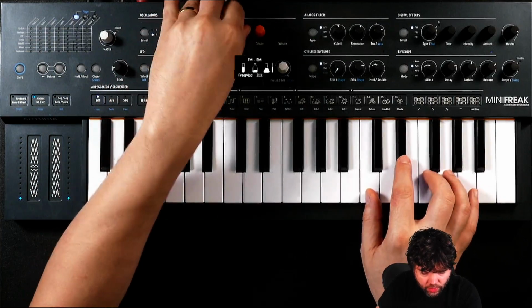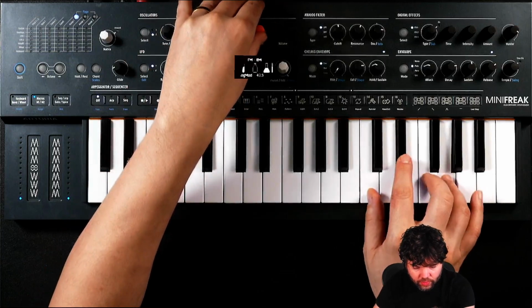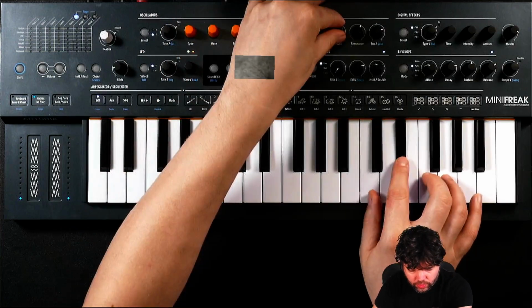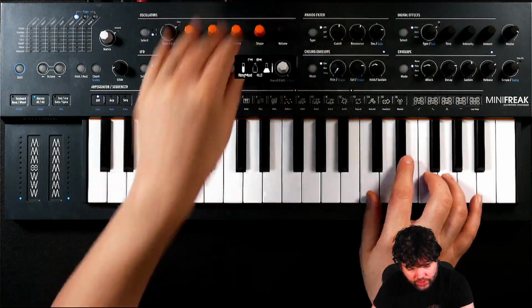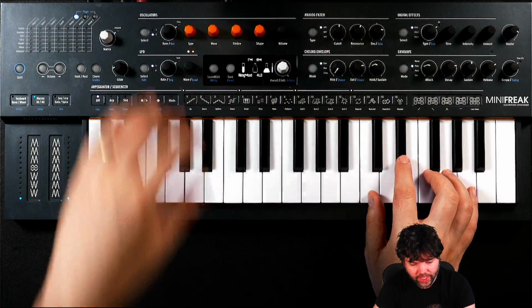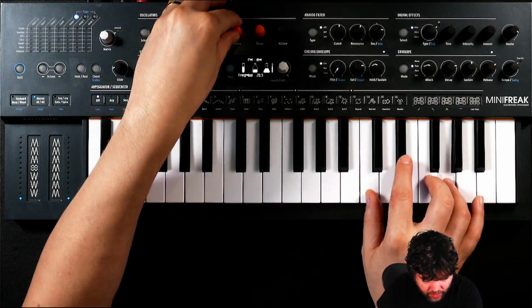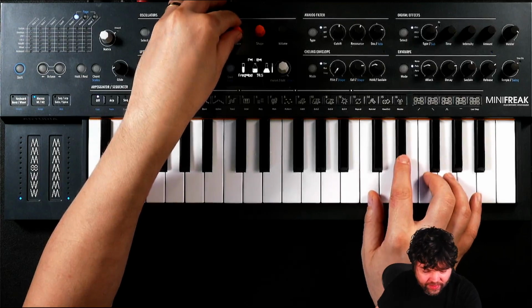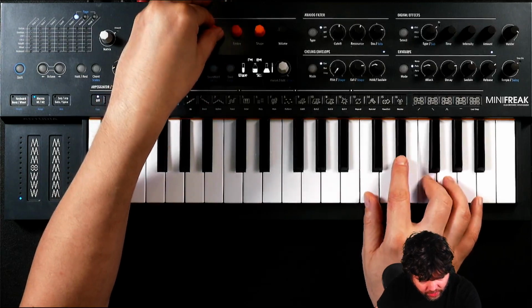So this is controlling the waveform. This is controlling the amount of ring mod that's being done. This is the amount of FM, presumably actually phase modulation, that's being done.